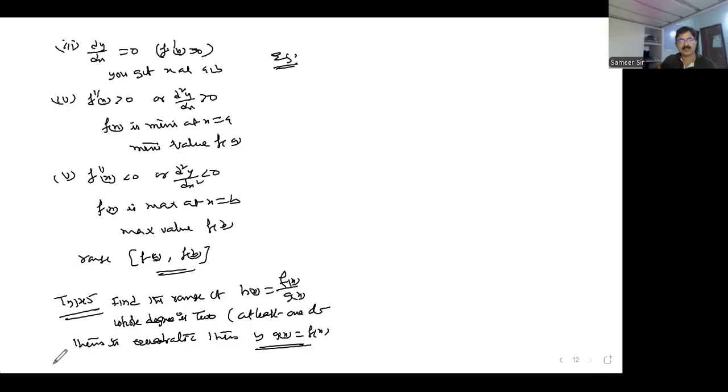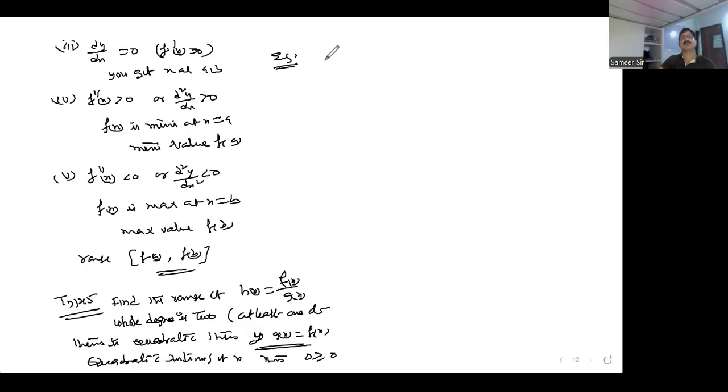And after writing these things, quadratic equation in terms of x you write down, and go for delta is greater than or equal to 0. Then use this condition, delta is greater than or equal to 0.